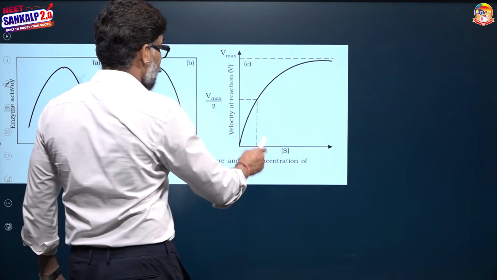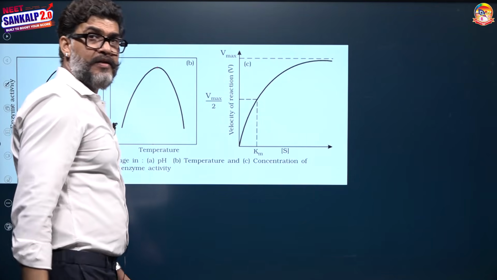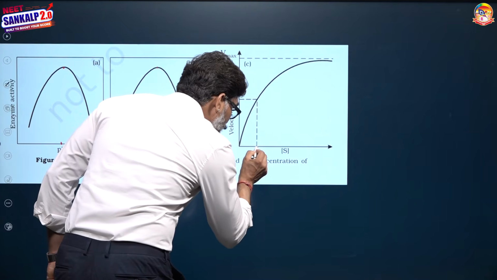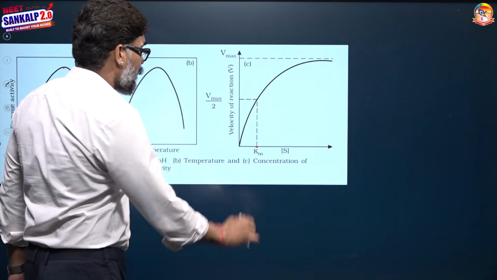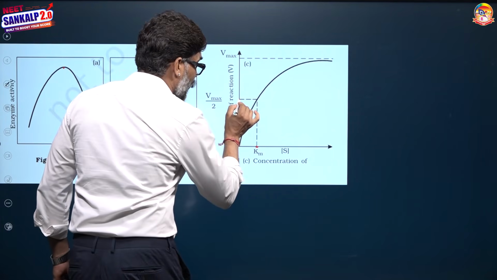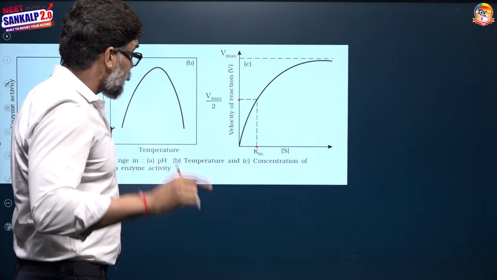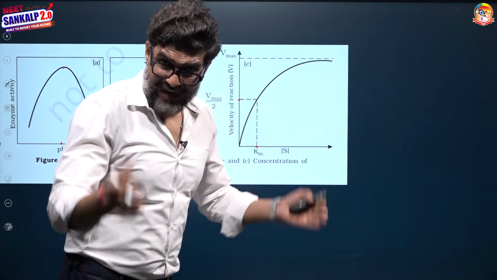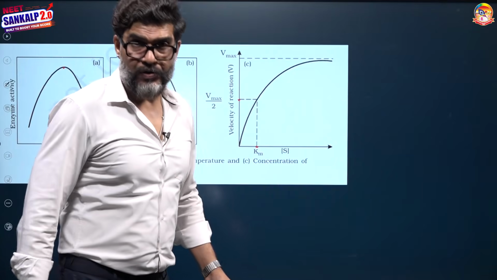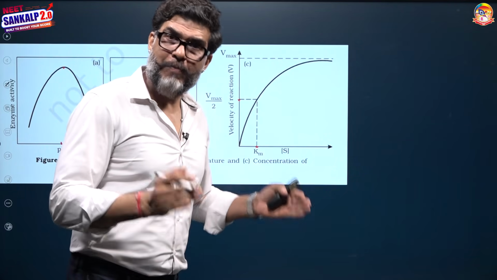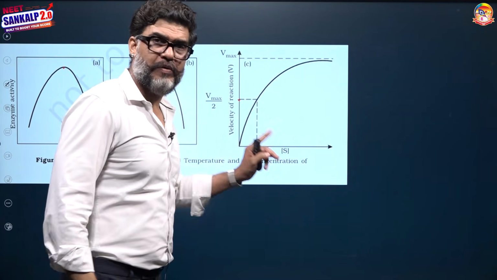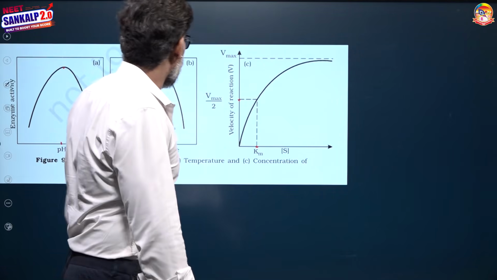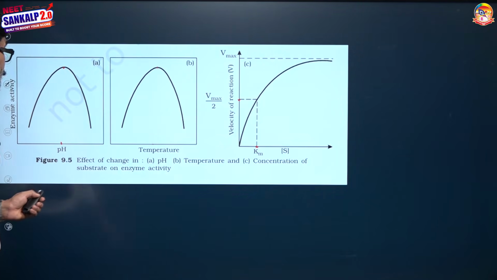The concentration of substrate at which an enzyme achieves half of its Vmax is called the Michaelis-Menten constant, or Km value.